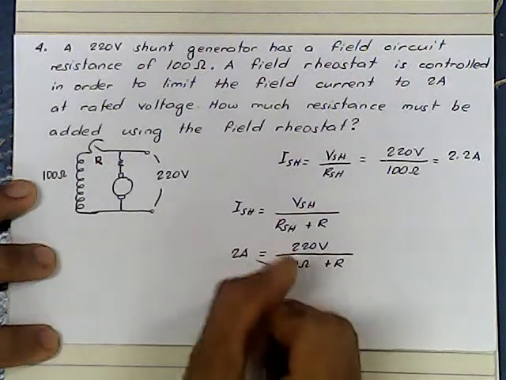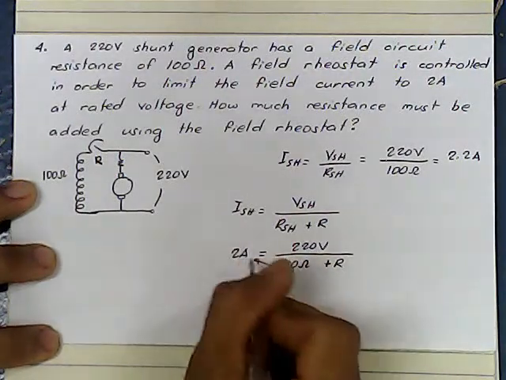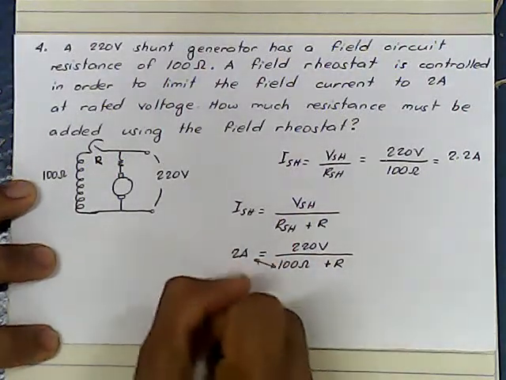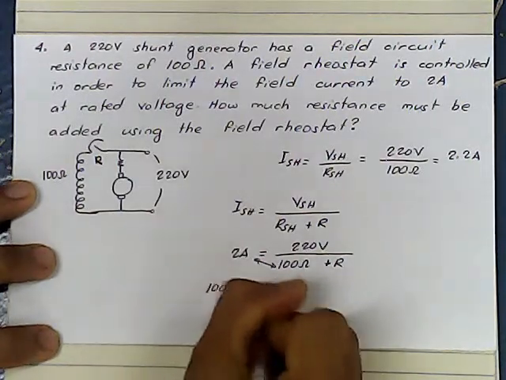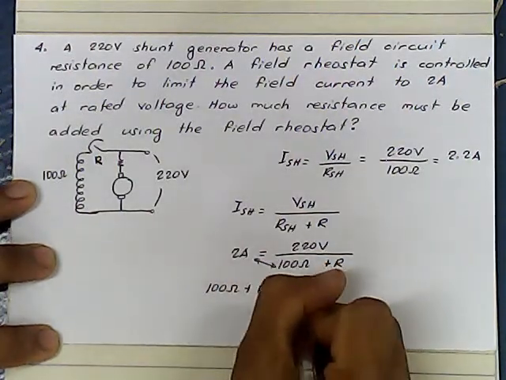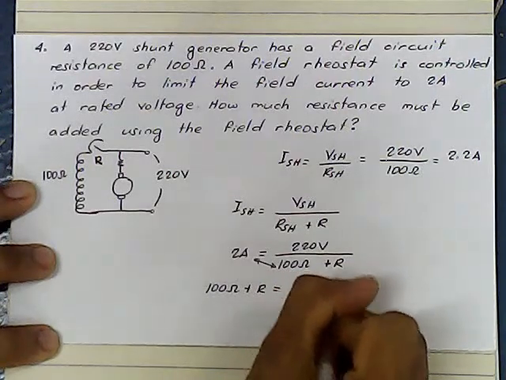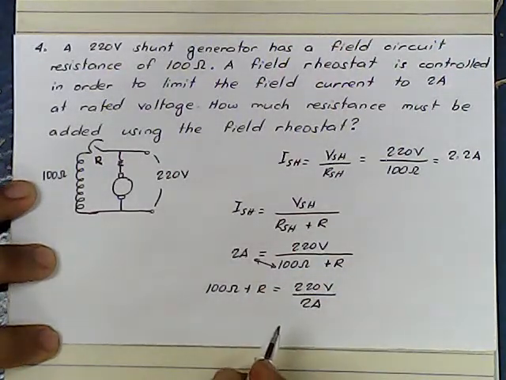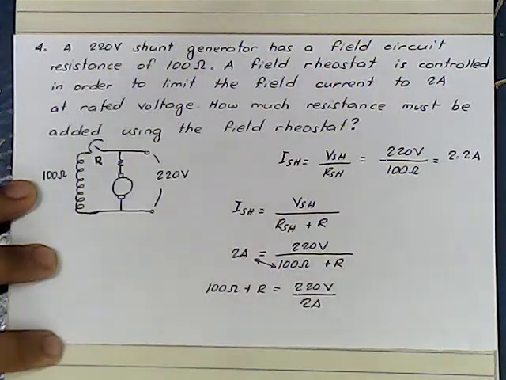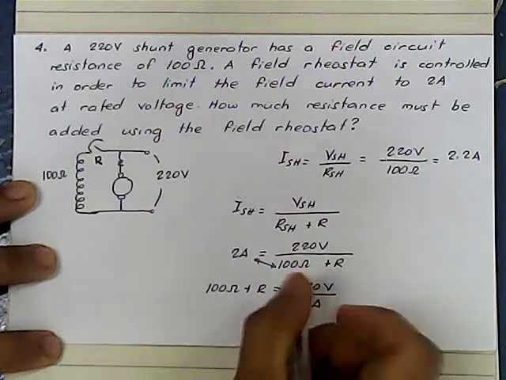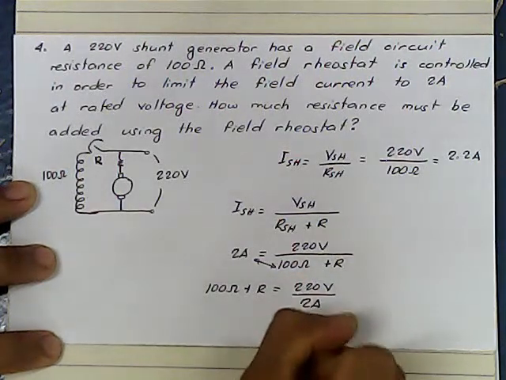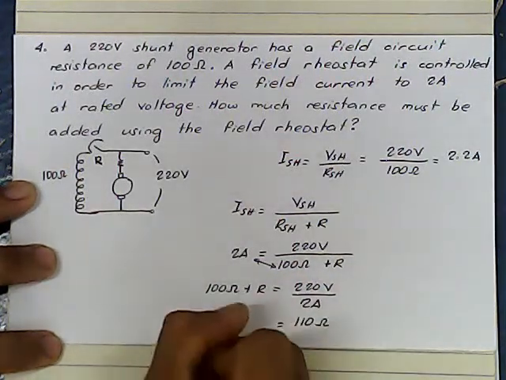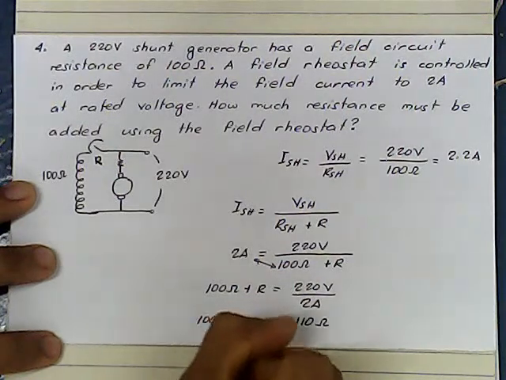Now, cross multiply ulit natin tong dalawang to. We're going to have 100 ohms plus R is equal to 220 volts divided by 2 amperes. So 220 divided by 2 amperes will give us 110 ohms, 100 ohms plus R.